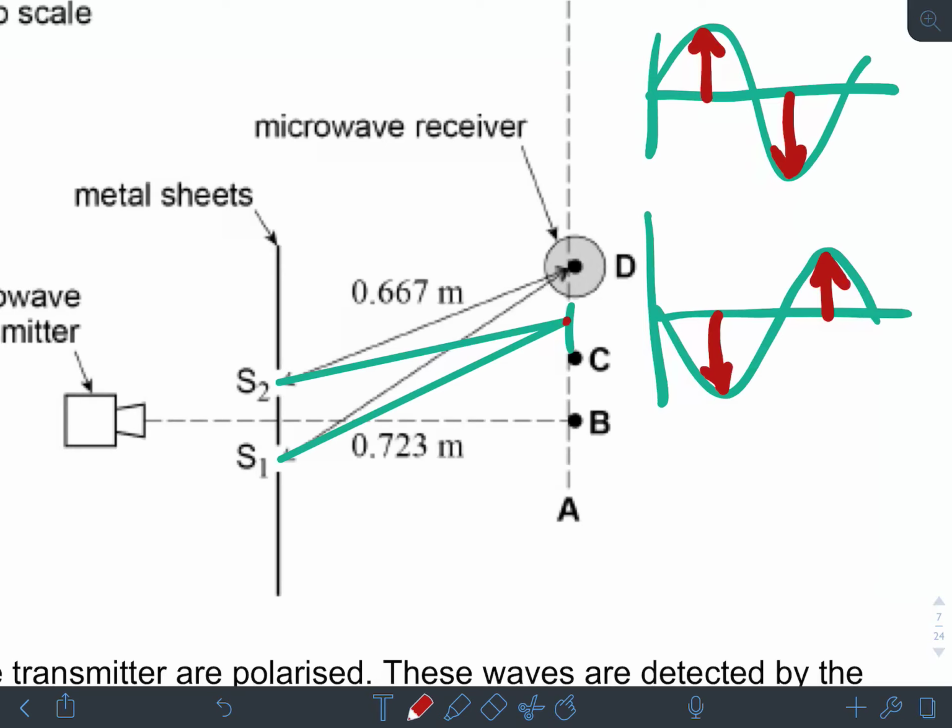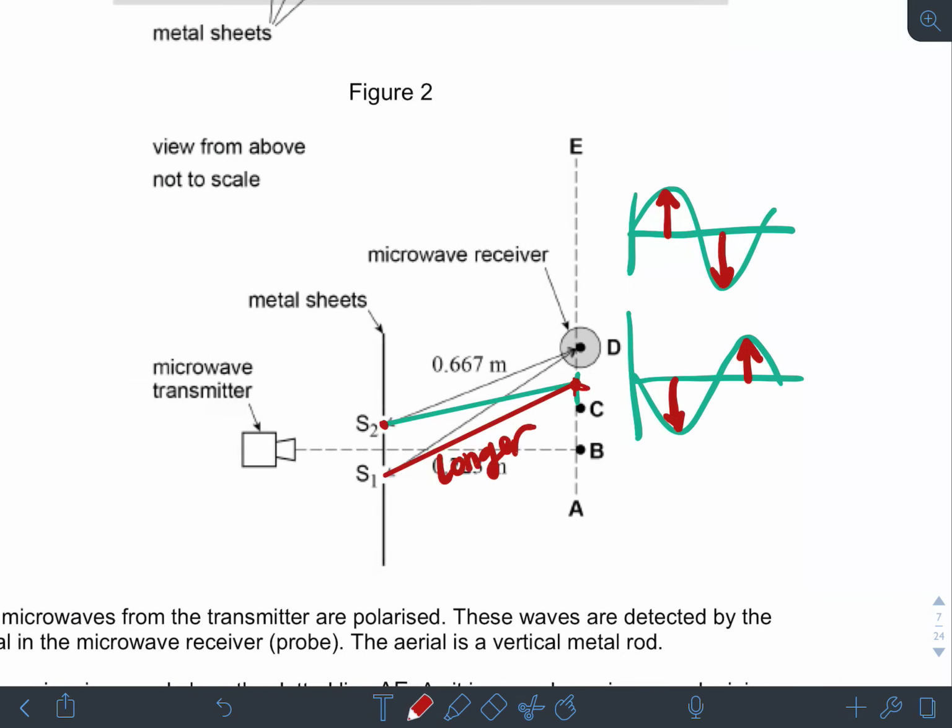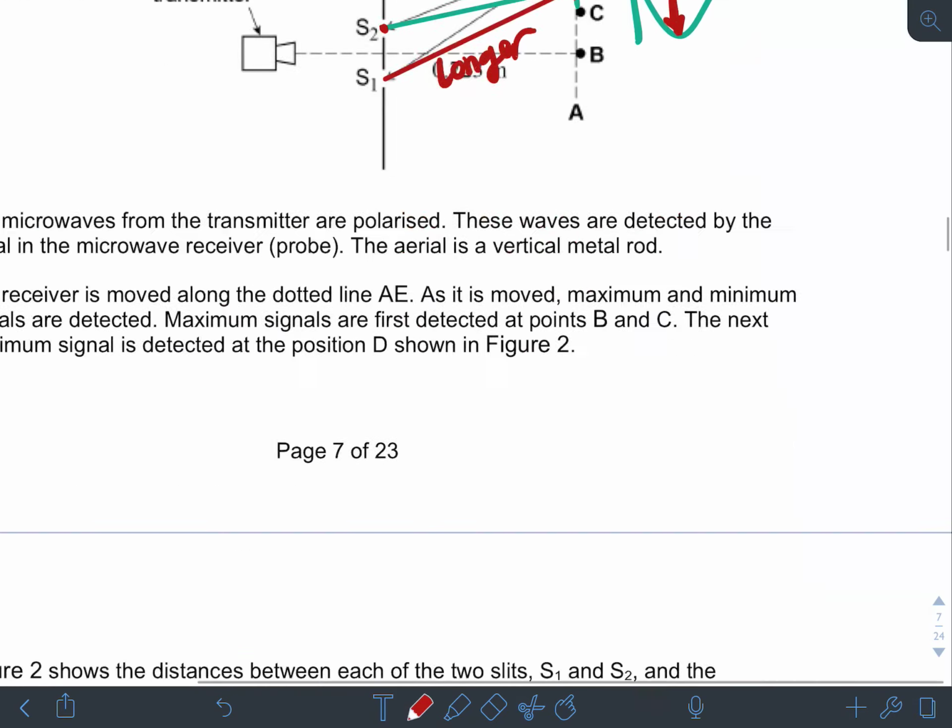So if we think about this position here, why are the amplitudes not the same? Well, the distance to go from here to S1 is going to be longer. So the amplitude of the wave when it reaches this point is going to be lower than it is from S2. The wave from S2 does not have to travel quite as far. So when they meet, they do not have exactly the same amplitude.